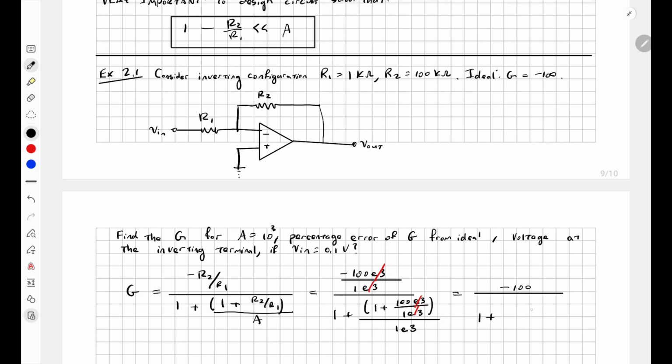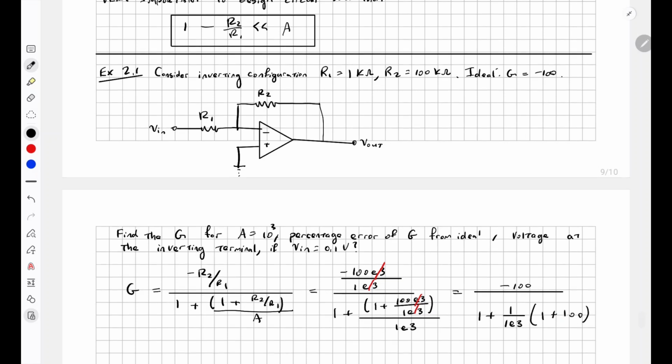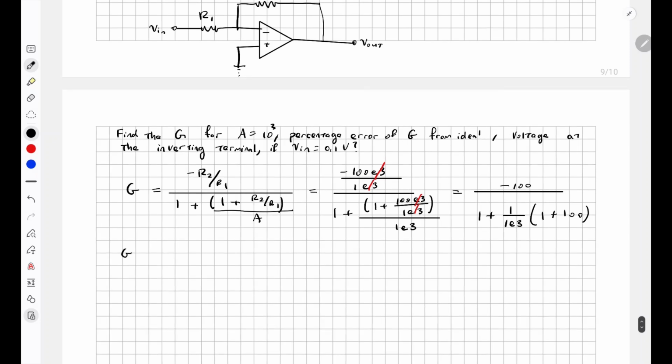The denominator is 1 plus 1 over 1 times 10 to the third, plus 100 divided by 10 to the third.